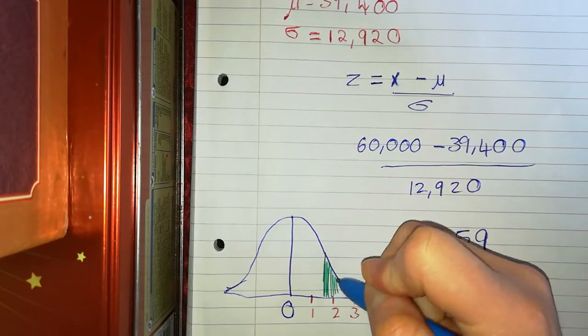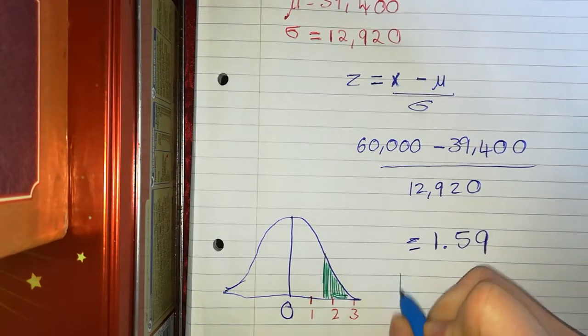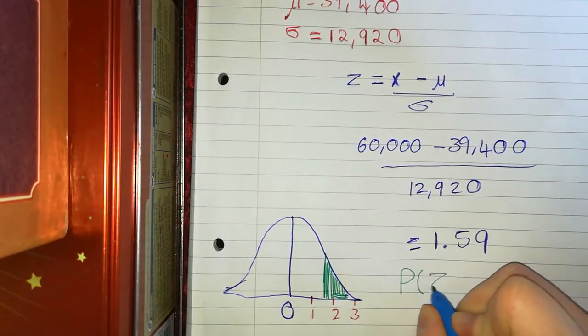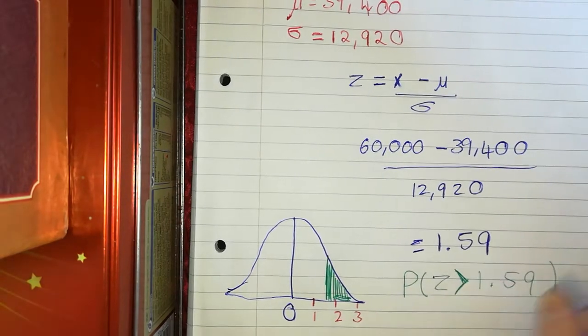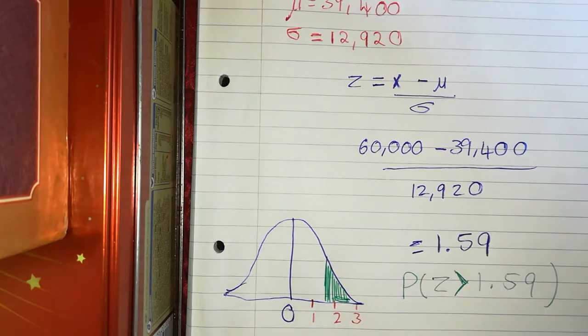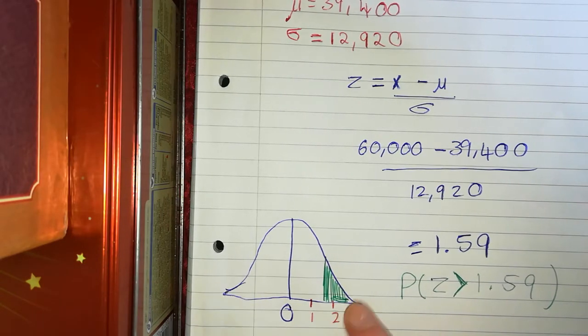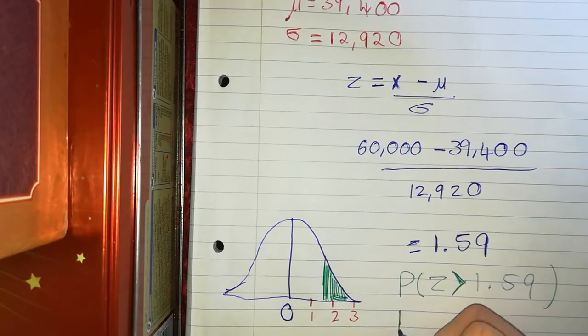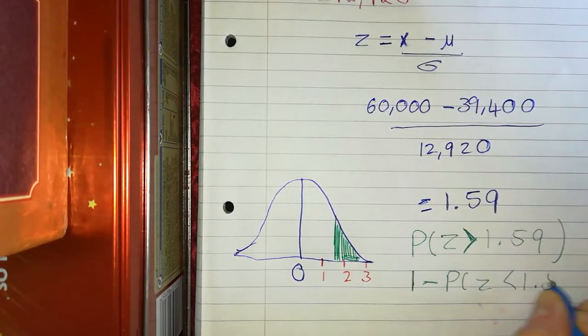So I want the probability that Z is greater than 1.59. But from our log tables we can only get the probabilities of less than. So 1, which is the whole of it, minus the probability that it's less than will give me the probability that it's greater than. So 1 minus the probability that Z is less than 1.59.